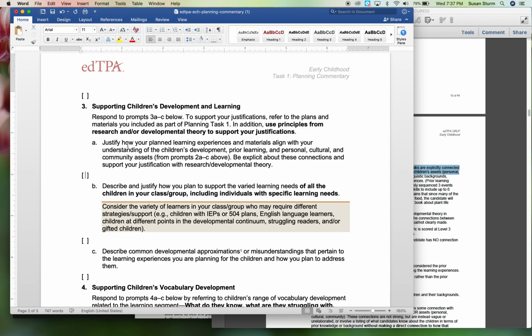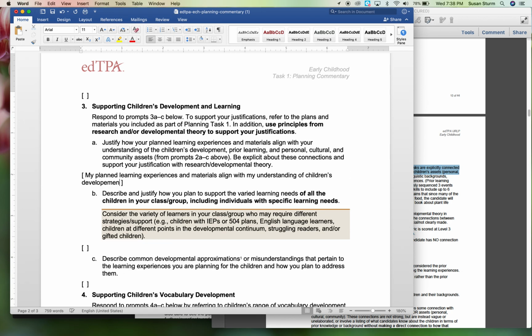Justify how your plans align with your understanding of these 3 things. So this would sound like my planned learning experiences and materials align with my understanding of children's development by, and here's where you're going to talk about what you know about their development levels.